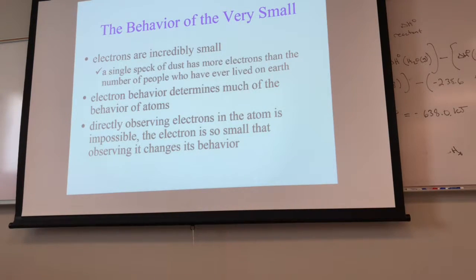And another concept that is very difficult to grasp is that it has been shown that it is impossible to directly observe an electron in an atom as it is behaving. Now, I'm not saying that it's impossible to view locations of electrons, but to actually see an electron in motion, this is something that cannot happen due to the size of the electron. Now, you may go, well, it shouldn't matter. If it's super small, we should be able to see it.